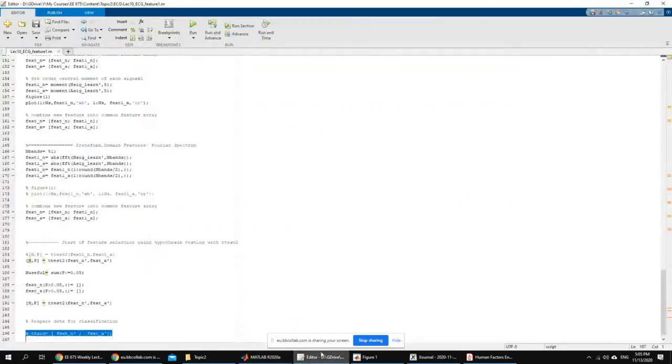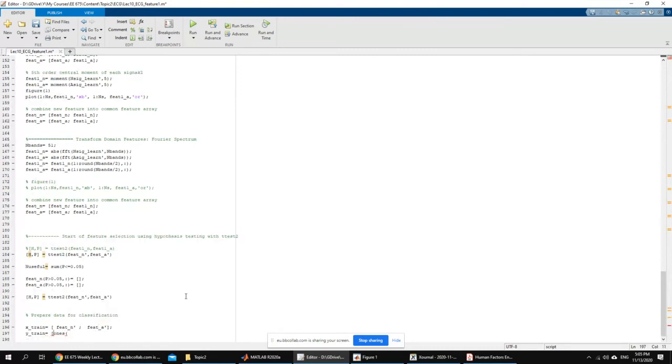So I now need another vector, let's call it Y train. Would you like to have the normal as 0 or as 1? It's up to you. Okay, let's take it as 1. So it's going to be 1 of 64, for the 64 normal cases. And how about the abnormal case, what would you like the label to be?